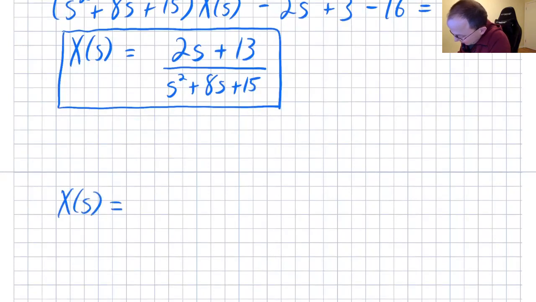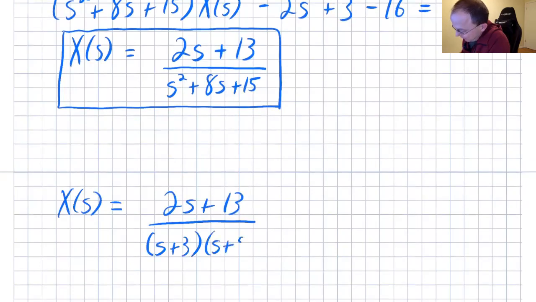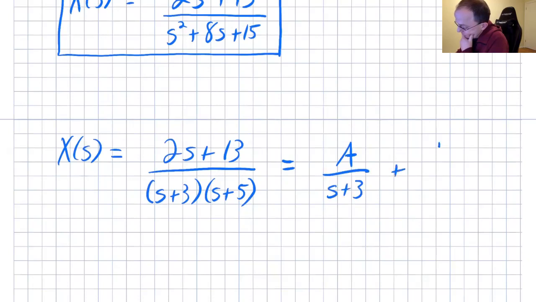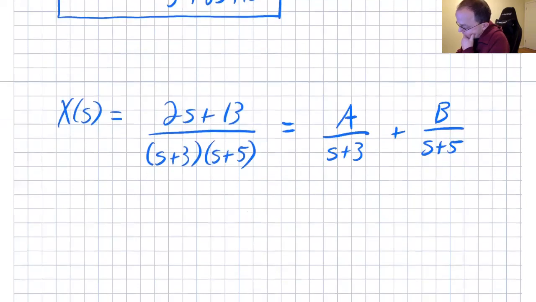We already know, we factored it above, so it's s plus 3 times s plus 5. Now what we want to do is write this as some number a over s plus 3 plus some number b over s plus 5. So what we're doing here is partial fractions.